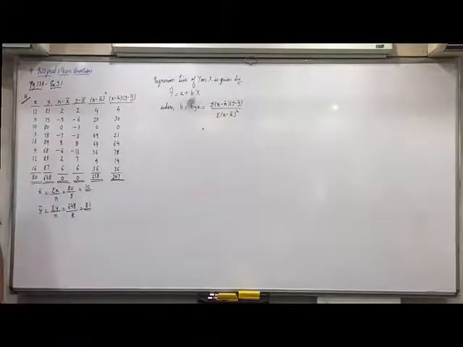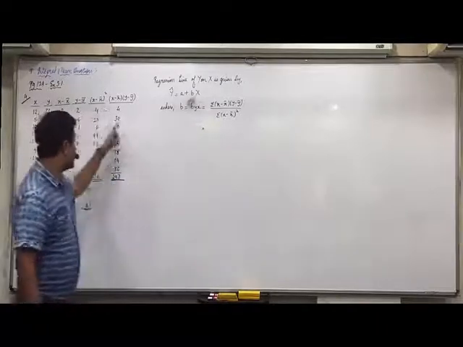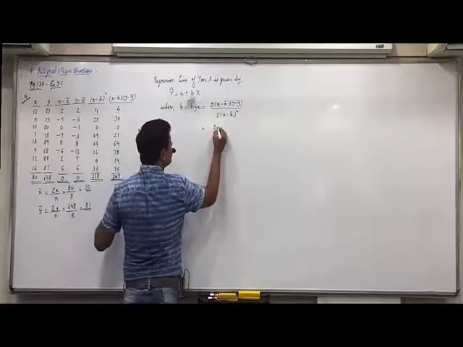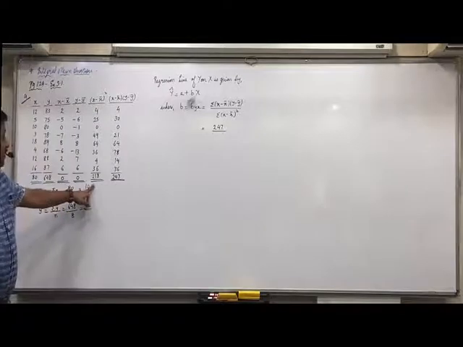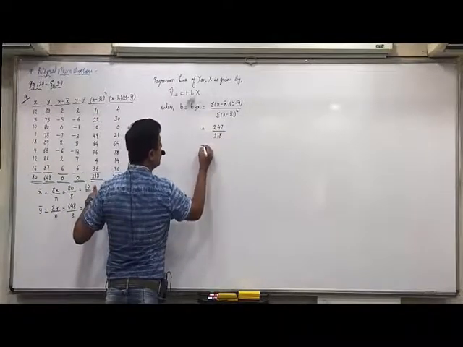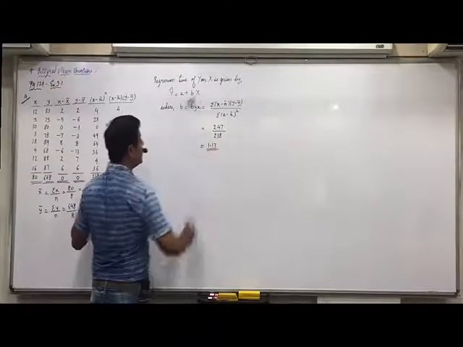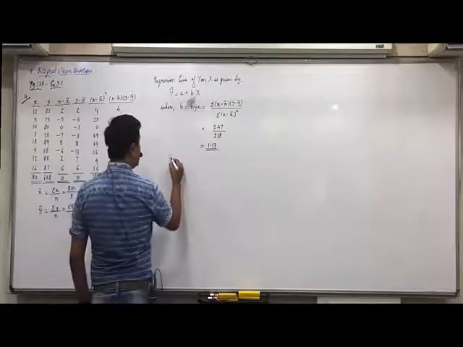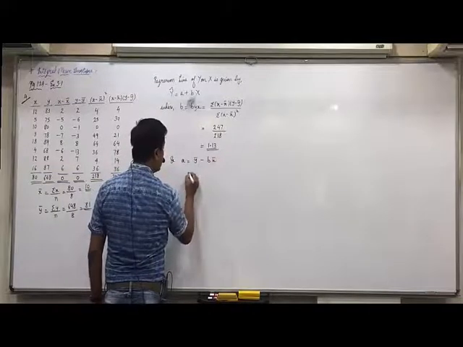Did you all understand this? Any doubt in it? Now see here, sigma (x minus x bar)(y minus y bar) we obtained as 247, upon sigma (x minus x bar) whole square, which we have obtained as 218. What is 247 upon 218? 1.13. This is the value of b. Any doubt in this? And a is equal to y bar minus b x bar.